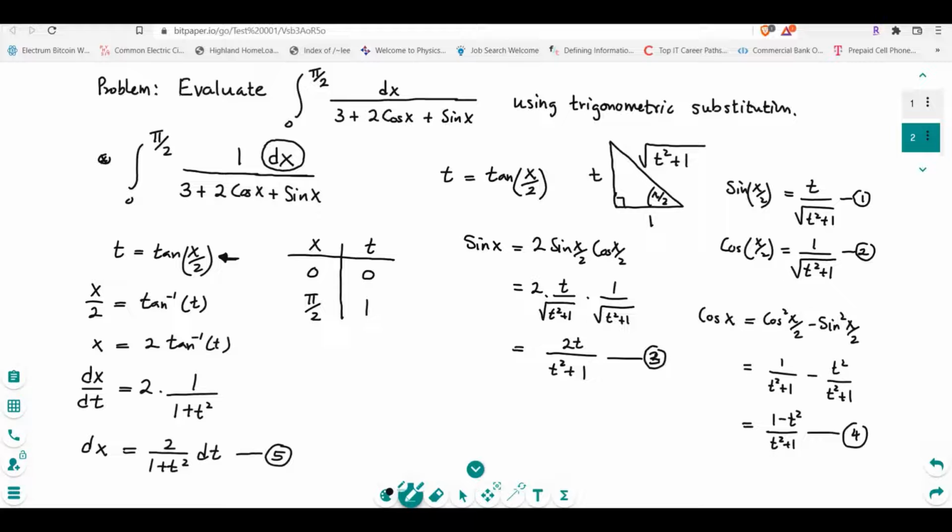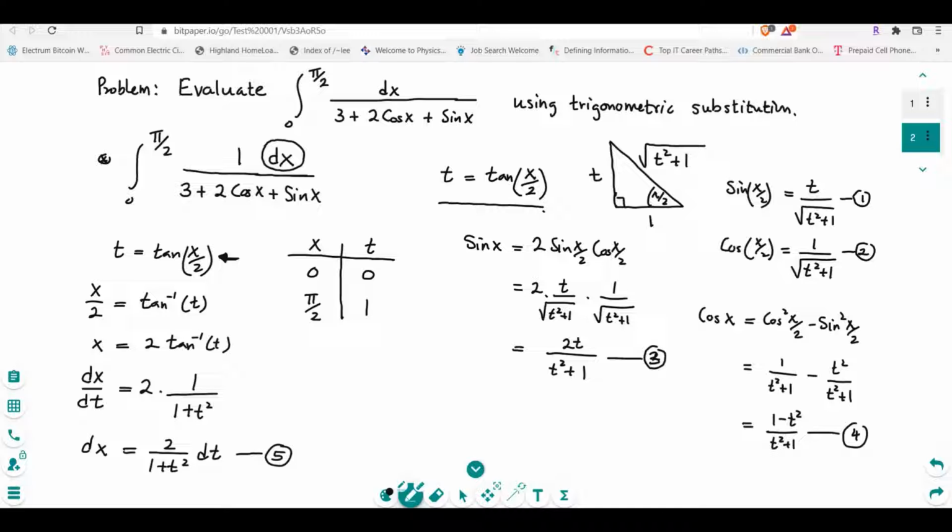So now with the help of this trigonometric substitution, t equals tangent x over 2, we have written sine x in terms of t. We have written cosine x in terms of t. We have transformed the differential dx into dt, as well as transformed the original lower and upper limit in terms of x to lower and upper limit in terms of t.